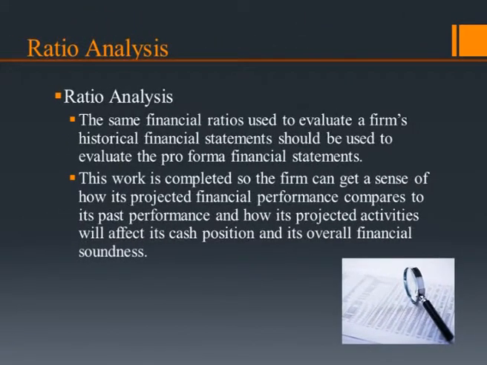The financial ratios of historical data has been used to analyze previous performance. The same financial ratios used to evaluate the firm's historical financial statements should be used to evaluate the pro forma financial statement. This work is completed so the firm can get a sense of how its projected financial performance compares to its past performance and how its projected activities will affect its cash position and its overall financial soundness.